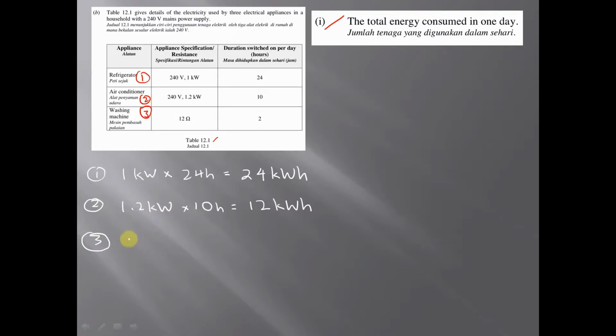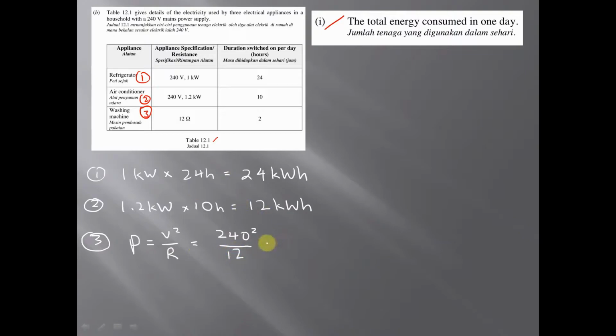We need to find the power first. If you remember previously, we know power is V squared divided by R. So basically it's 240 squared divided by R. According to the question, they're giving us 12 ohm.